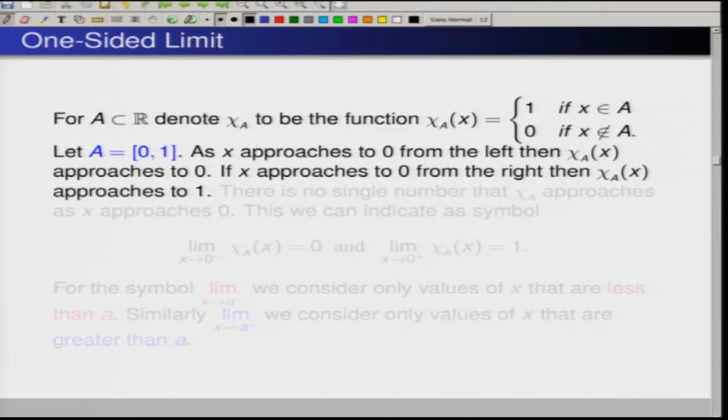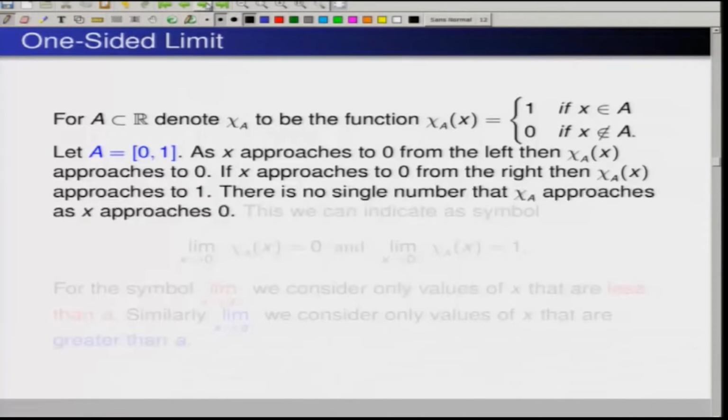So, you cannot find a single number to which chi of A approaches when x approaches 0, because from the left hand side you get 0 and from the right hand side you get 1. We have already seen that if the limit exists, then it has to be a unique number.